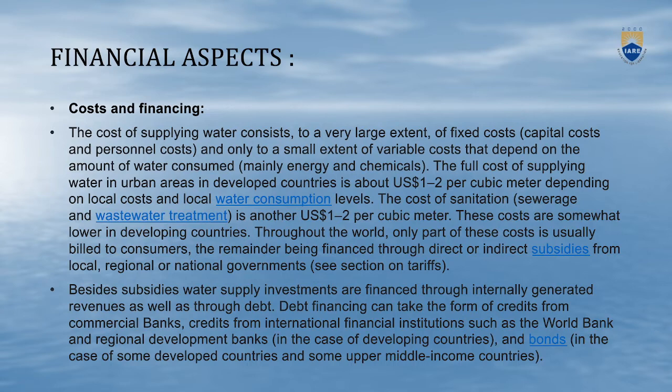Debt financing can take the form of credits from commercial banks, credits from international finance institutions such as the World Bank and regional development banks in the case of developing countries, and bonds in the case of some developed countries and some upper middle income countries.